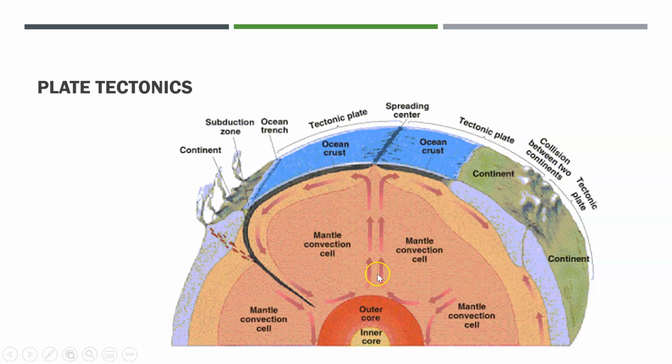So the magma is coming up from the outer core where it's being superheated. It's pushing up here, pushing these two plates apart, and then as it pushes up, creates new seafloor here, and then cools and falls back down. So this mantle convection cell, the magma is the liquid, and these plates are floating on top of them and moving around.